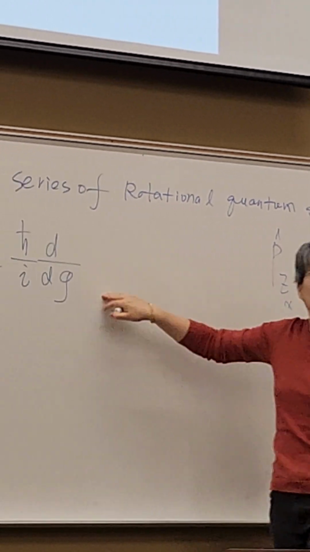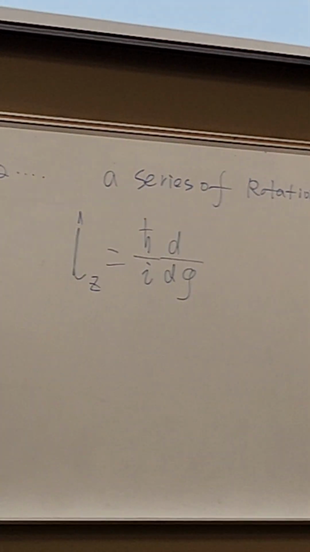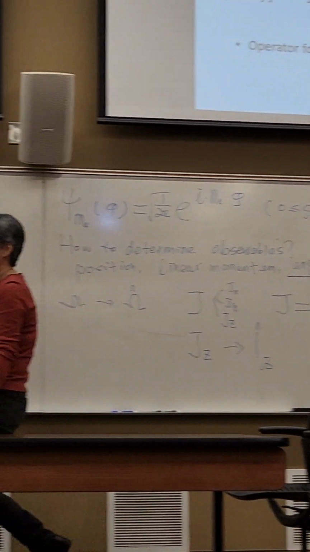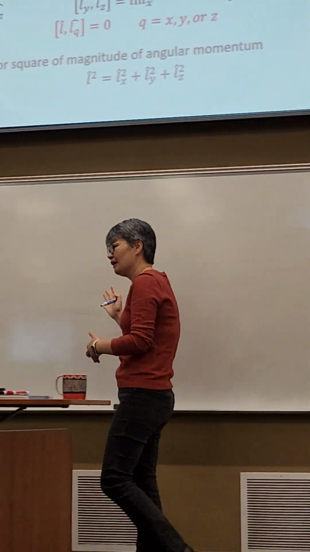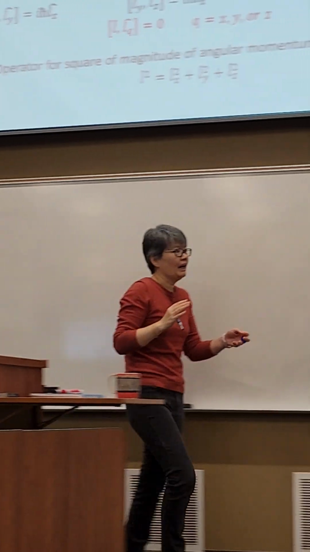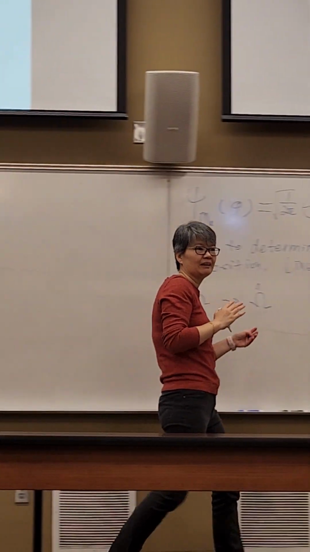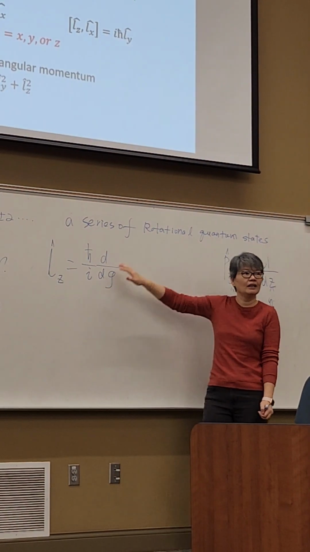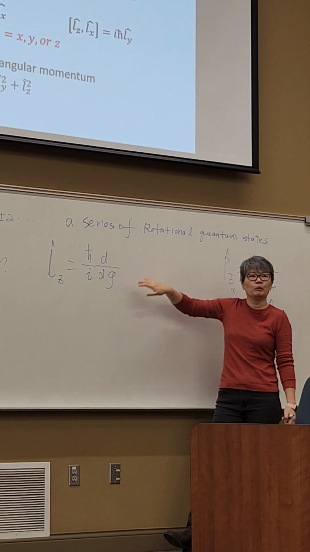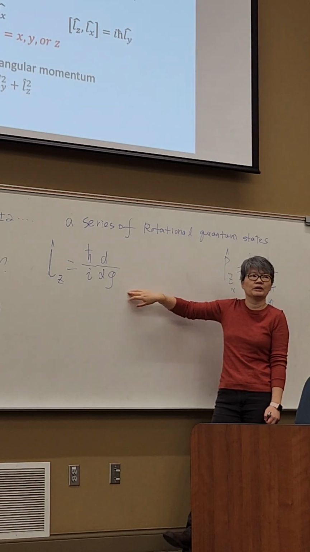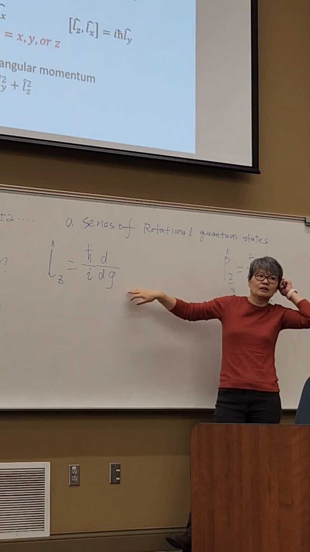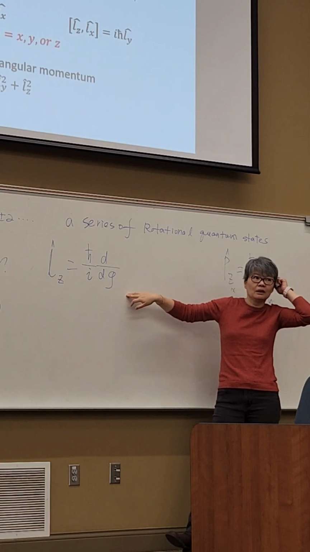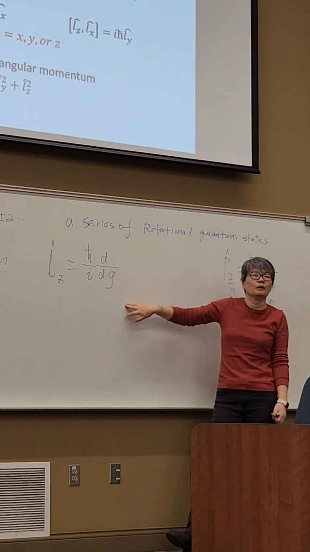Now, for the angular momentum in the z component, if we use r and phi as variables, it has a similar format. It's a constant, then your derivative with respect to your position variable, which is your phi here, because you're using spherical coordinates.